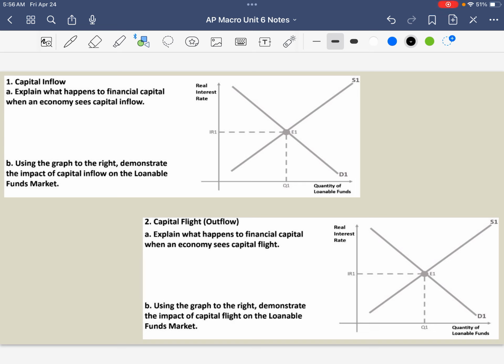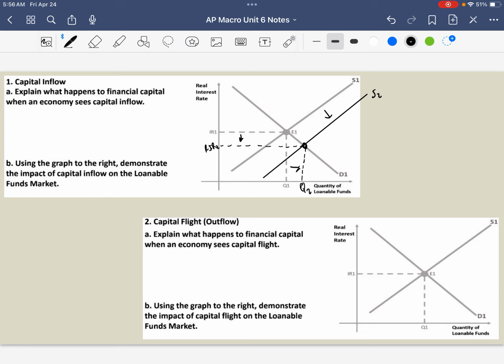So this is going to increase supply of loanable funds. We call it supply 2. We give it a new quantity and a new real interest rate.